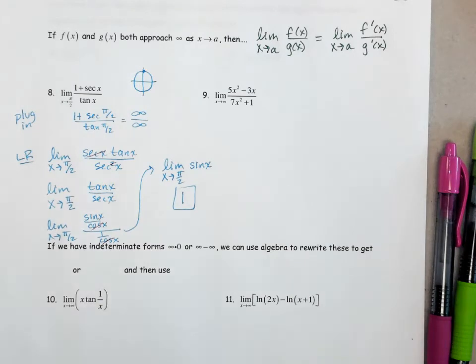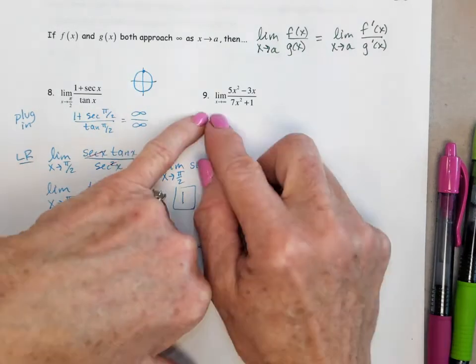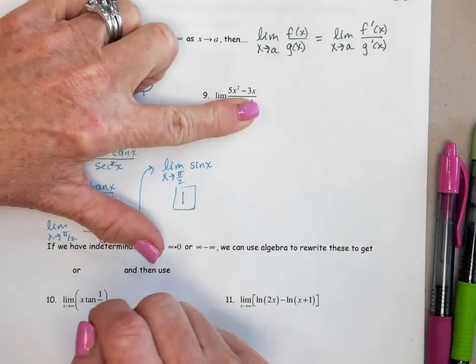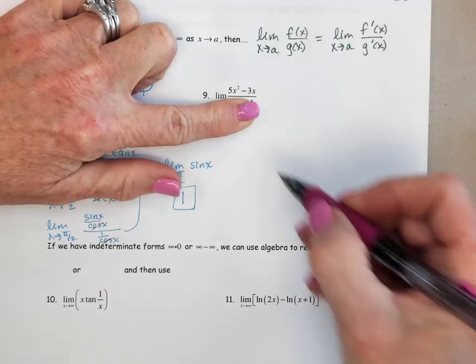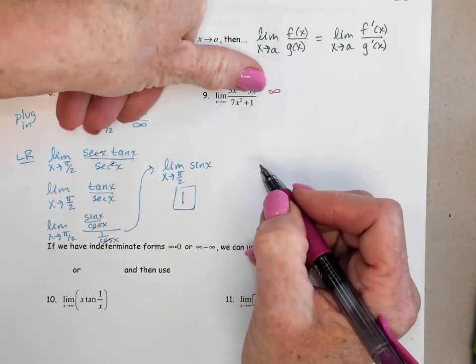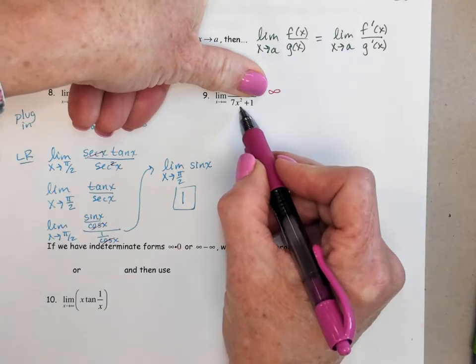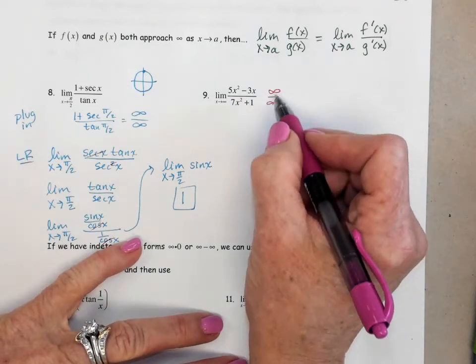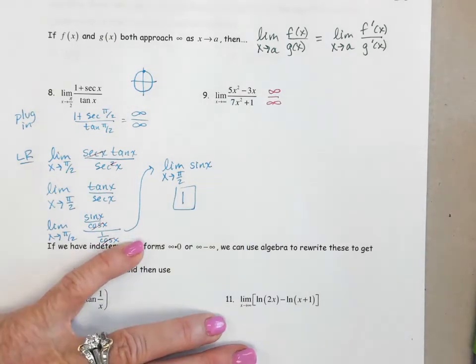If we look at number 9, the limit as x approaches infinity, look at the numerator. As x gets large, that piece definitely is going to infinity. As x gets large here in the denominator, definitely going to infinity. So we have an infinity over infinity situation.